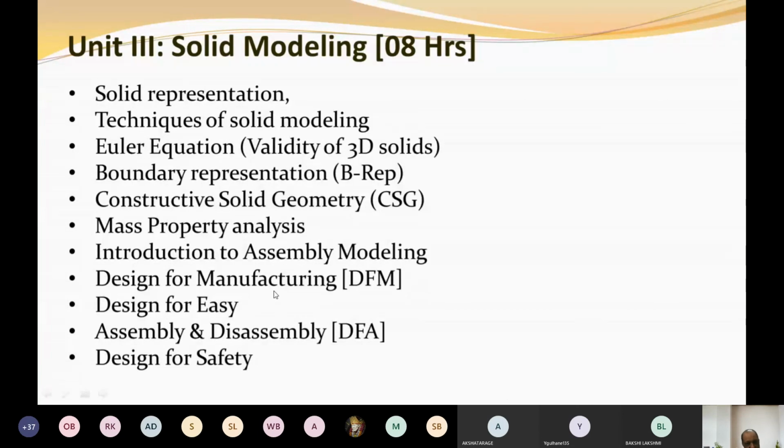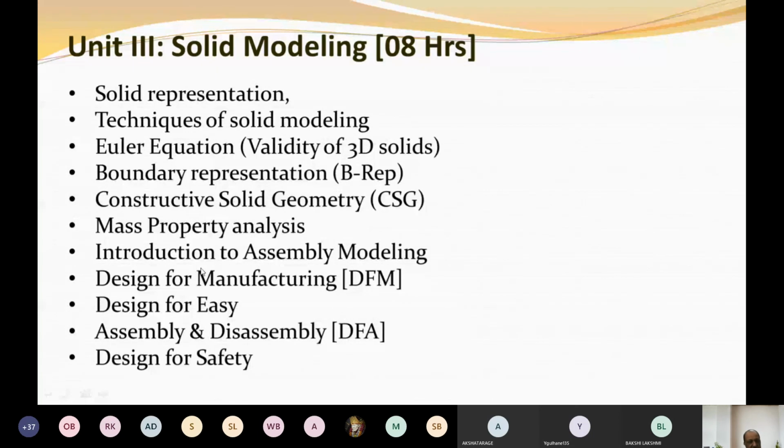If we design like that, it will be difficult for us to manufacture that sphere inside that cubical shape. So there is no use of designing such a component, which will be difficult to manufacture, or whose manufacturing cost is very large.